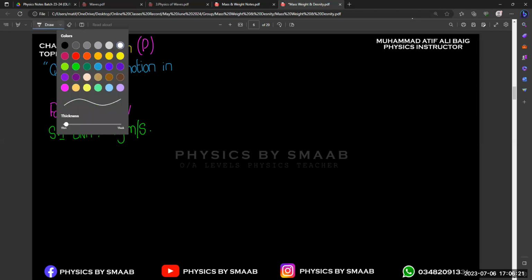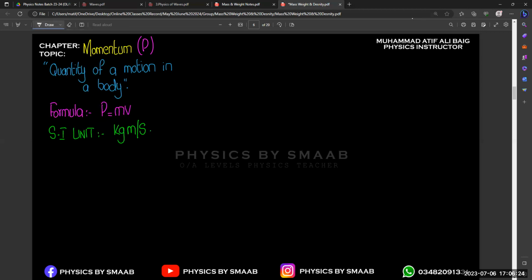One more thing: this concept is related to the motion state of a body. If we are talking about an object that is in a rest state, there will be no amount of momentum there. So an object at rest means zero momentum.